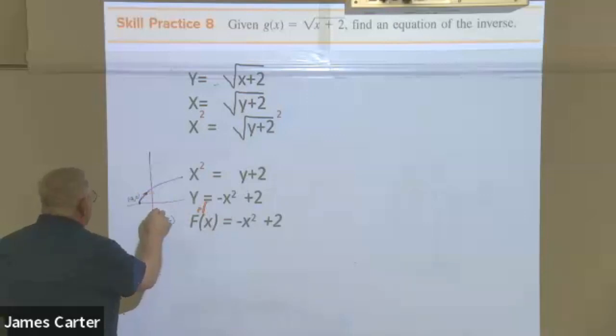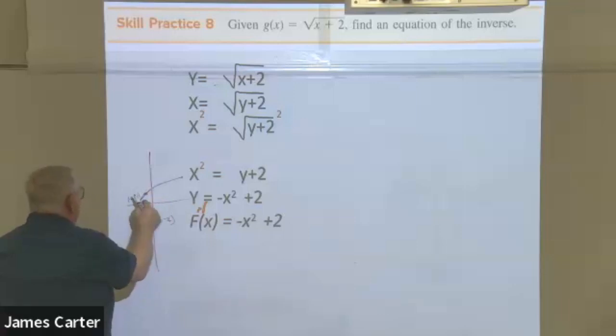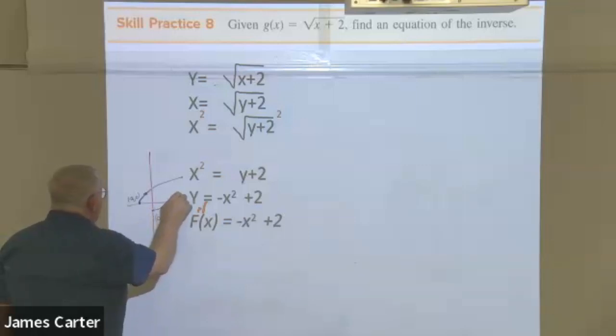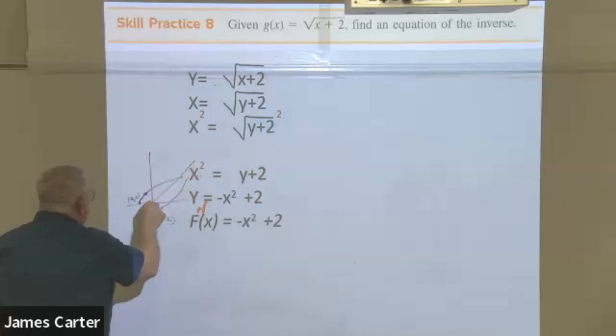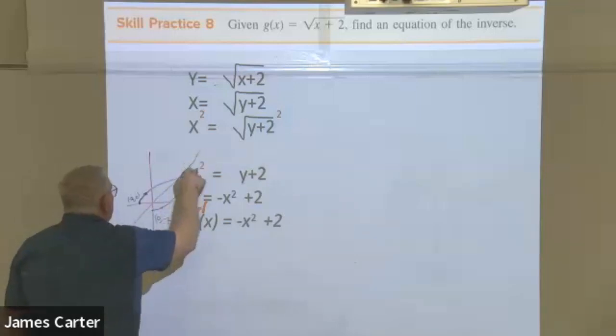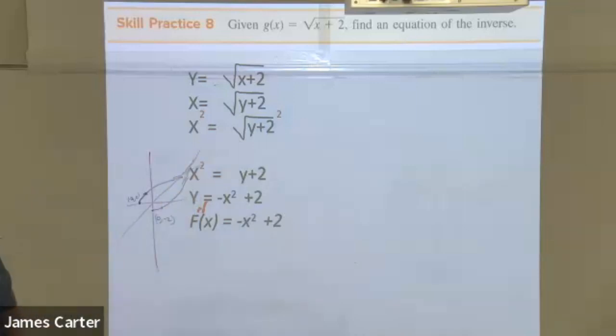So if this is 1, -1, then I would have -1, 1. And this one is going to go up like that, and they are going to eventually cross at the same place if you do it right.